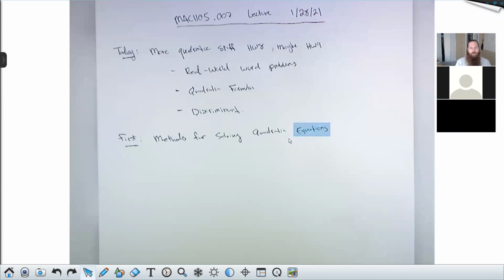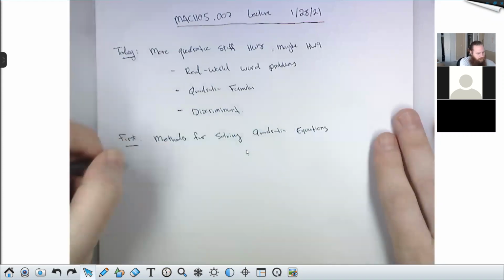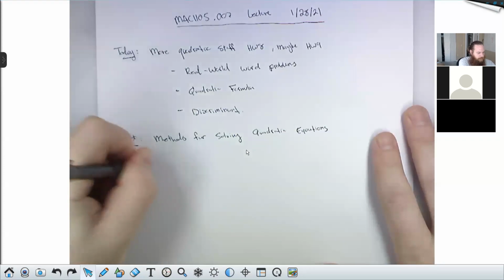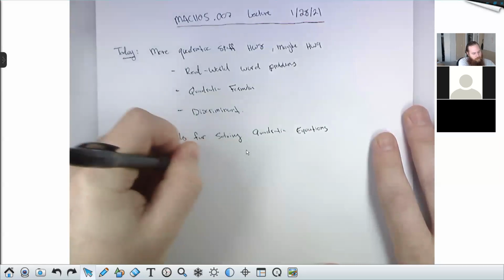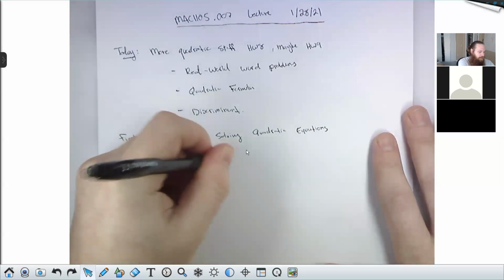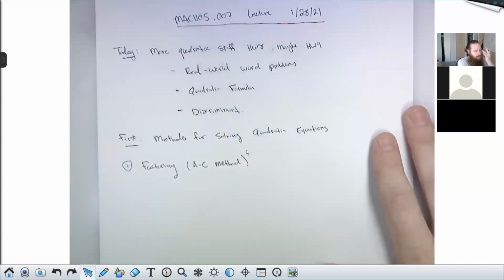A quadratic equation is an equation, something with an equal sign that you're trying to solve that involves a quadratic function. So one of these we've seen, and probably the most useful, is factoring. And there's a lot of ways to do this, but the most foolproof way is the AC method, which we went over last time, but I'll use it a few times today also.